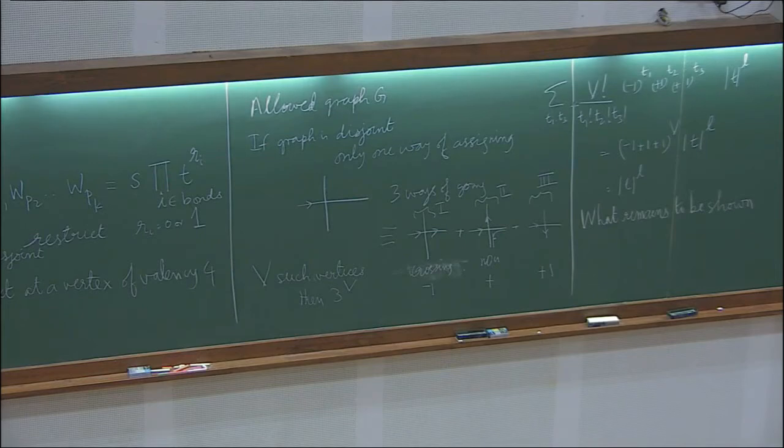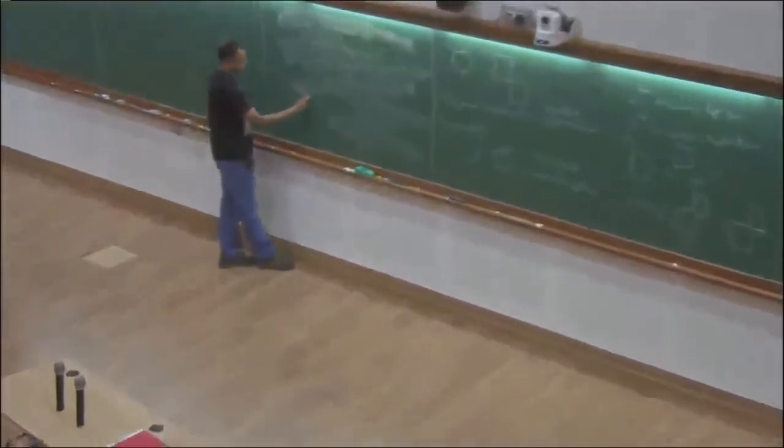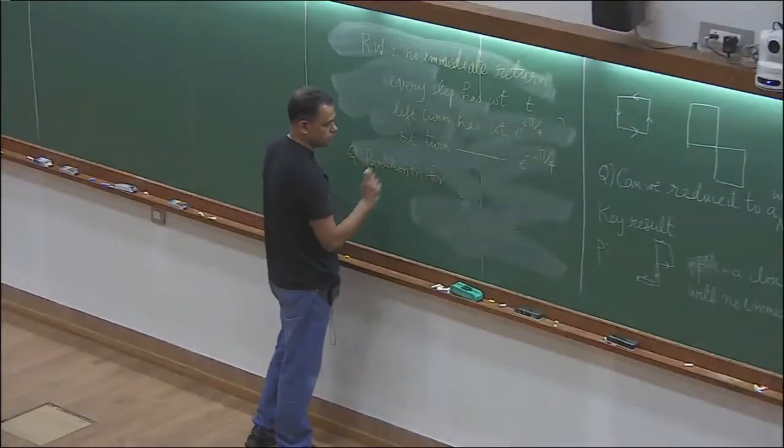Every step has weight t, and left turn has weight e to the power i pi by 4, and right turn has weight e to the power minus i pi by 4, and the question is, what is the partition function for loops?